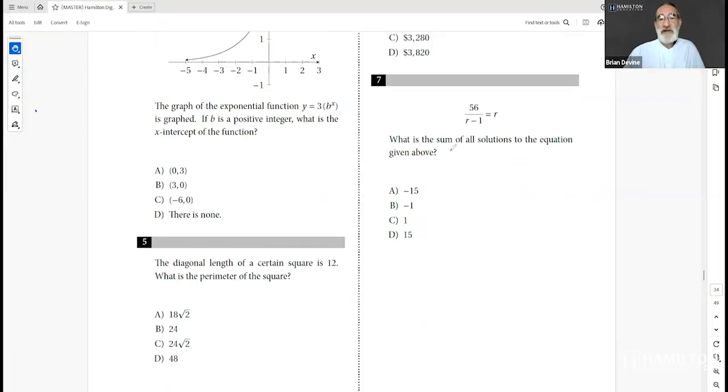Question number 7. What is the sum of all solutions to the equation given above? Well, my first inclination when I see a proportion like this, a ratio equaling some ratio, is to cross multiply.